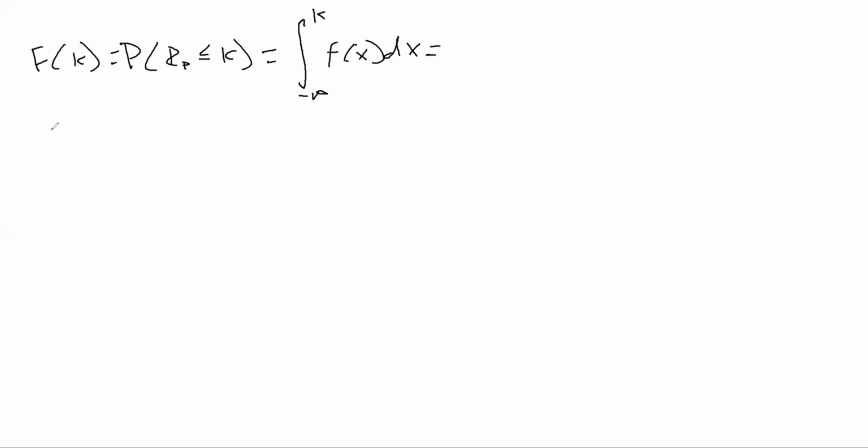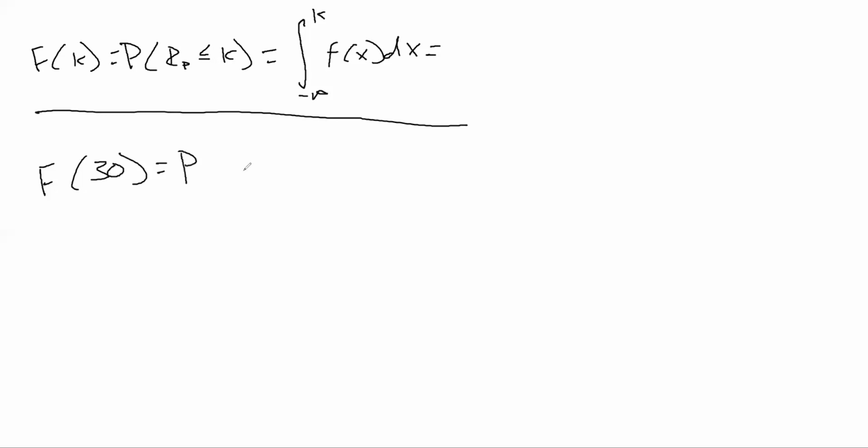Let's say something else. Let's say time. Back at the car lot example, let's say you want to know the probability that someone will be in the car lot for 30 minutes or less. You can't have negative time. You can have negative returns, but you can't have negative time. So you start at 0 and you go to 30.